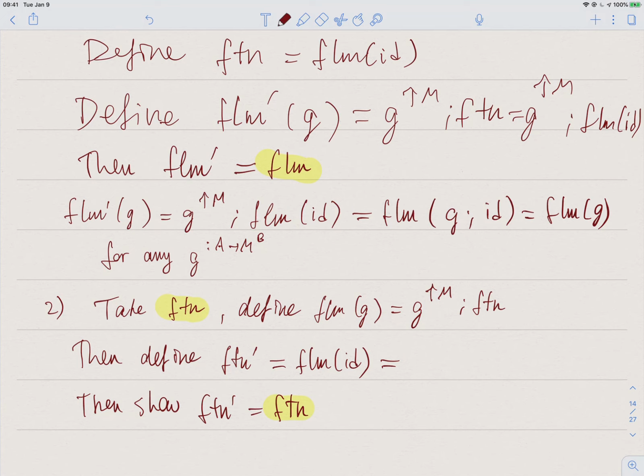So how do we show that? FlatMap of identity, we substitute in here, is identity lifted to m, then flatten. Now identity lifted to a functor is still identity. This is the identity law of the functor. So this is identity then flatten, this is equal to flatten.